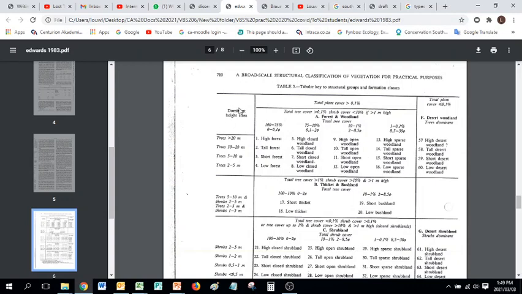So here it gives you the dominant height class. So you take that specific dominant structural height class, and let's say it is a tree, and that tree of more than 20 meters had a percentage cover of, let's say, 60%. So if we go down this, it says 75 to 100%, 10% to 75%, 1% to 10%, and 0.1 to 1%. So at 60%, it would be considered a high closed woodland.